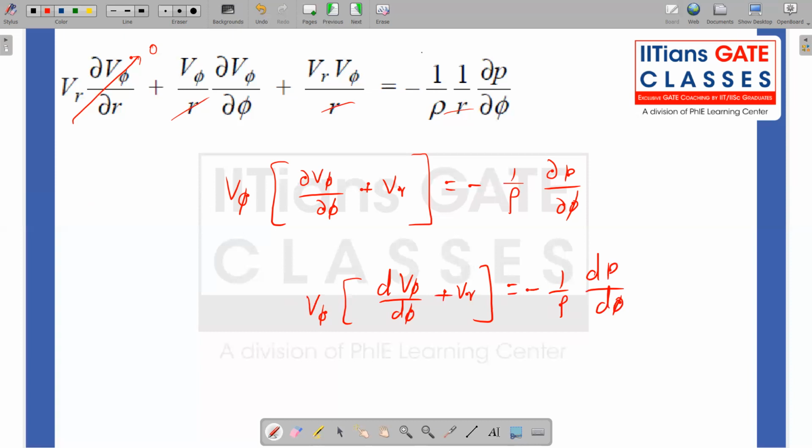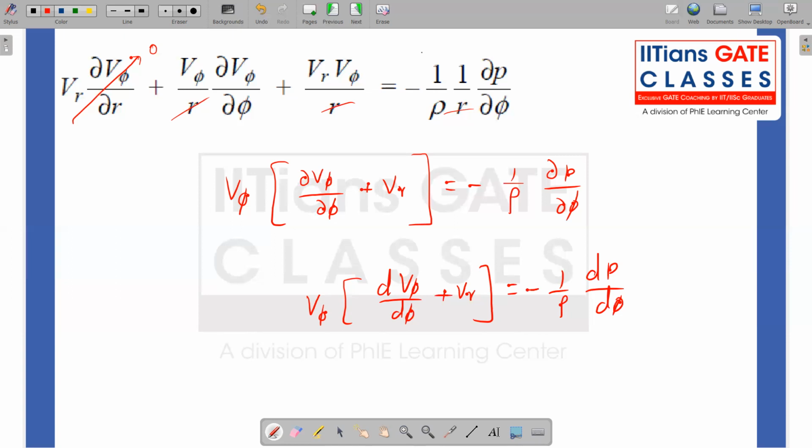What is the advantage of reducing a differential equation into an ordinary differential equation? Because it can be easily solved. A partial differential equation is a bit difficult to solve, but the moment I bring it to ordinary differential equation form, it becomes solvable analytically, right?